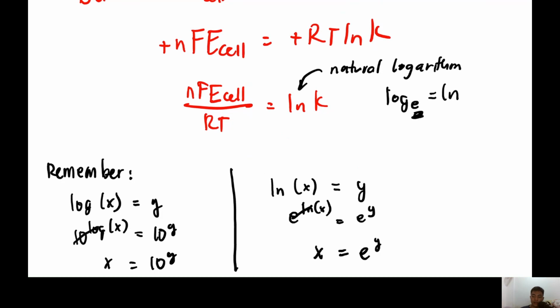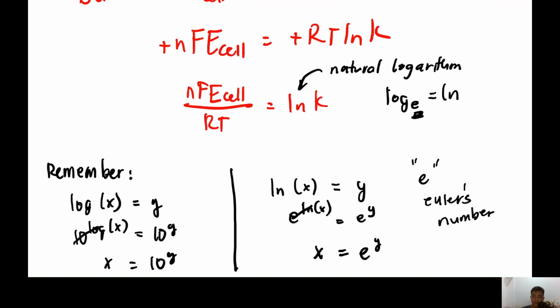Okay. So that means in order for us to get k out of the log function, a natural log function, we have to make this equation an exponent of e, the Euler's number.